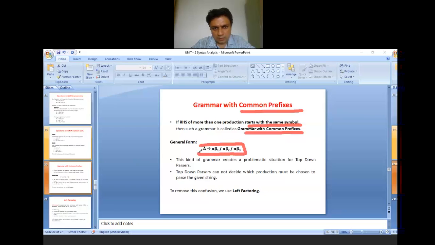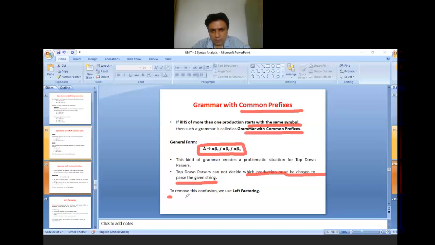If A produces alpha beta 1, or A produces alpha beta 2, or A produces alpha beta 3, then alpha is common in the right hand side of all three productions. So this is a grammar with common prefixes. Top-down parsers cannot decide which production must be chosen to parse the given string.